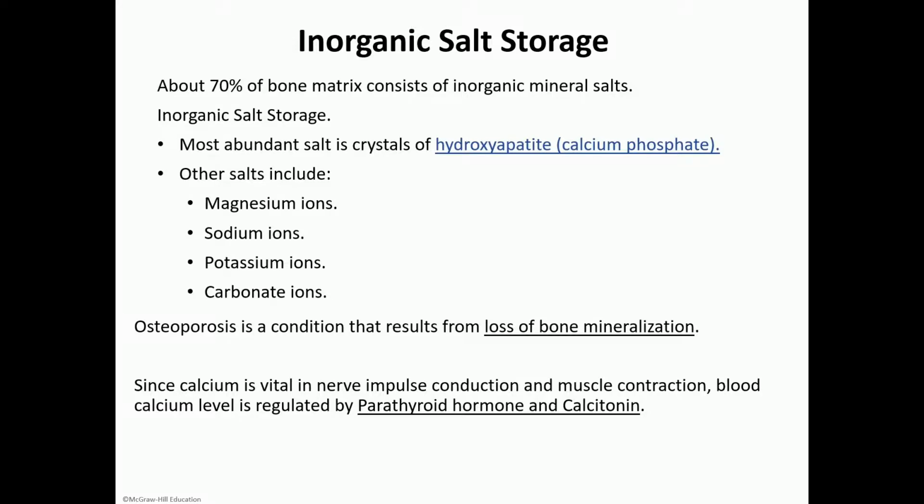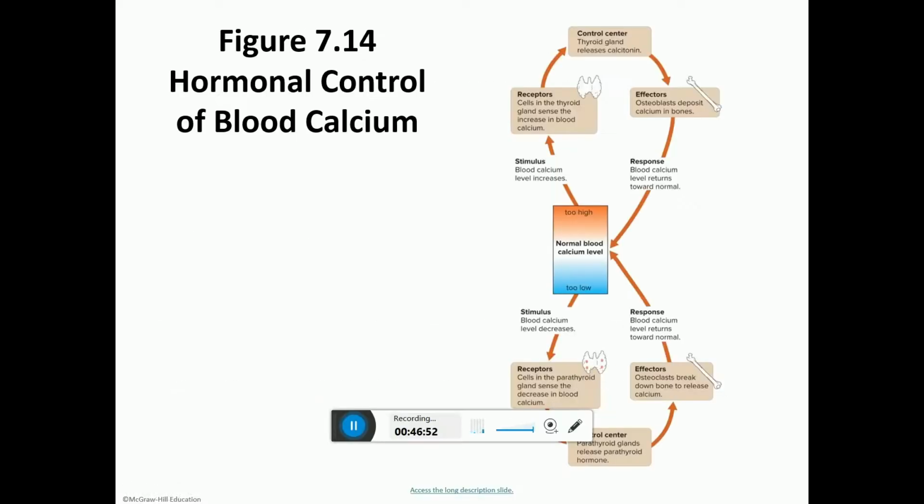And those two hormones by name are parathyroid hormone, or PTH, and calcitonin. So let us take a look at what happens when blood calcium levels change. If the level of blood calcium is too high, that is going to stimulate the receptors of the thyroid gland to release calcitonin.